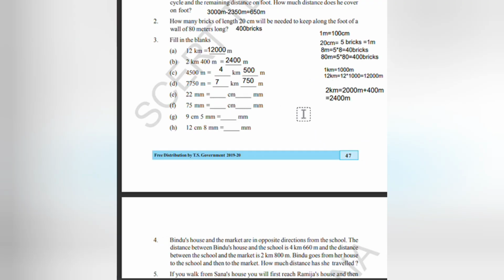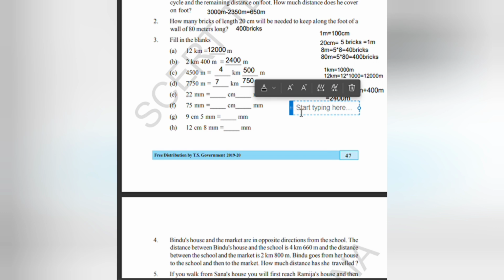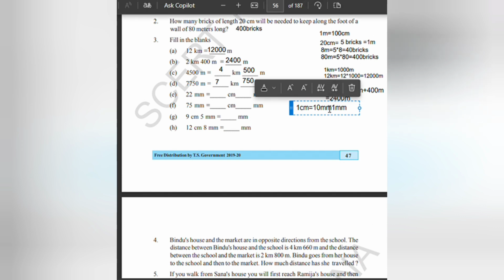So what we have to do here is, first we have to understand what millimeter is. So here 1 centimeter is equal to 10 millimeter. So what about 1 millimeter? That is in the next step.